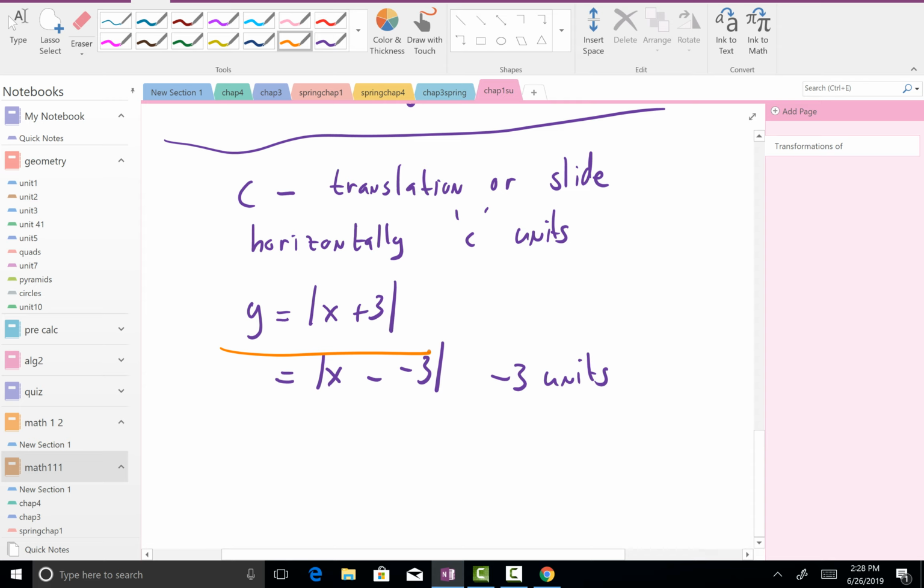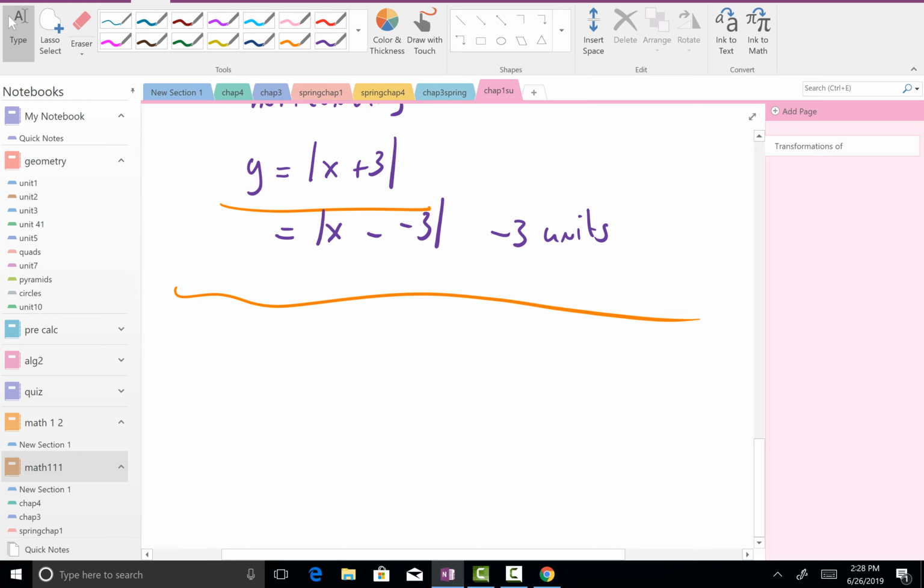So whenever you have a transformation and you have an x plus 3 or 4 or 5 or whatever it is, that c is actually negative, so it's going to move it in that direction. So that's what a c does, it translates it or slides it c units.